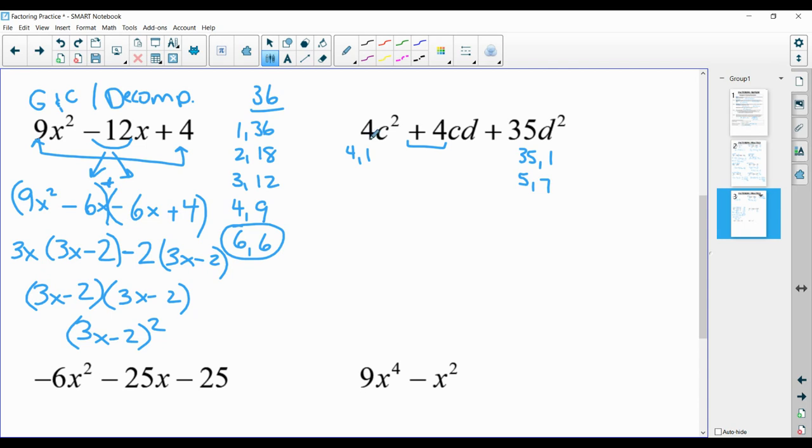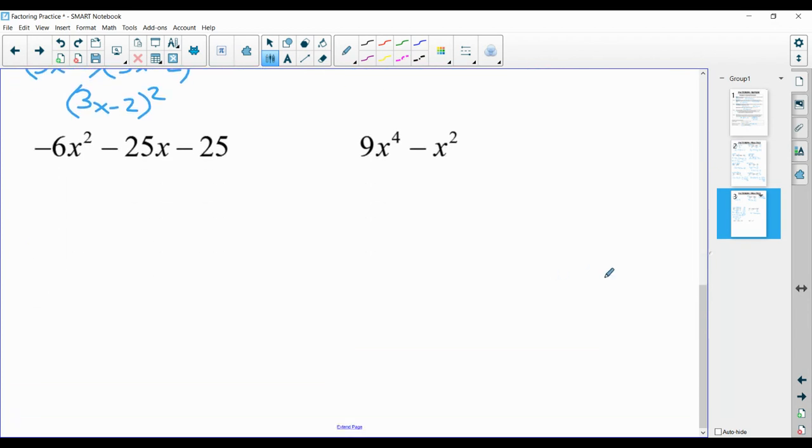The answer is no. What about 1 times 5 and 7 times 4? Well, 1 times 5 is 5. 7 times 4 is 28. That doesn't work either. So this is an example of a question that's not factorable. We couldn't pull out a common factor, and none of our combinations of numbers worked, so this one's not factorable.